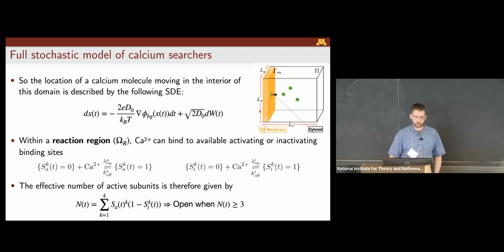I'm going to assume that the boundary here is reflecting. And what I'm going to do is add in this smaller reaction region around where these receptors are. So, if it's hitting the plasma membrane, it can definitely reflect off. As soon as it enters that reaction region, I assume that this reaction takes place with some rate lambda. But it needs to be in that proximity of the receptor. So this is the full system.